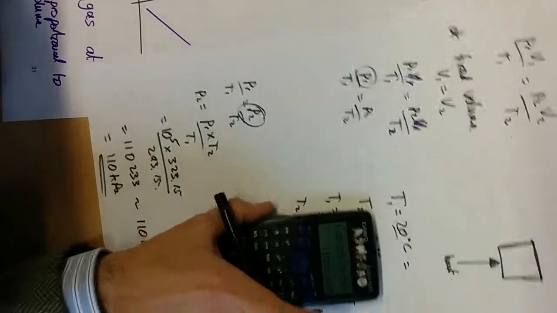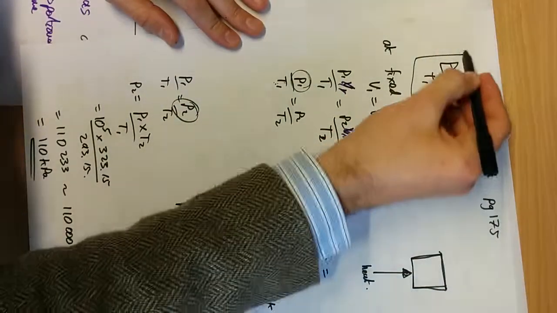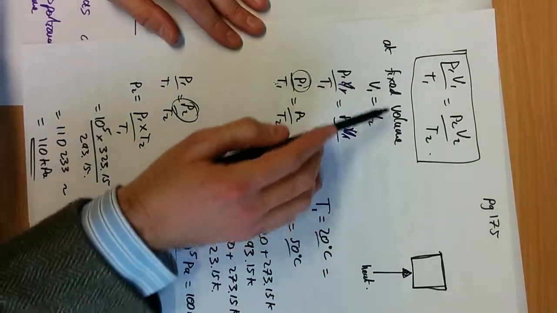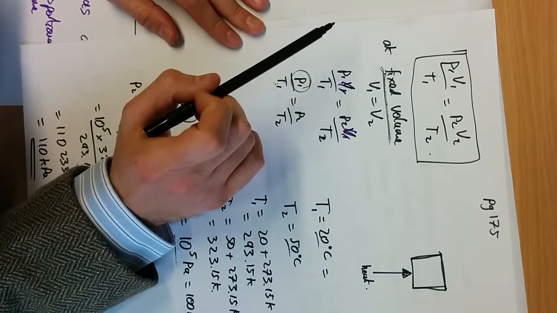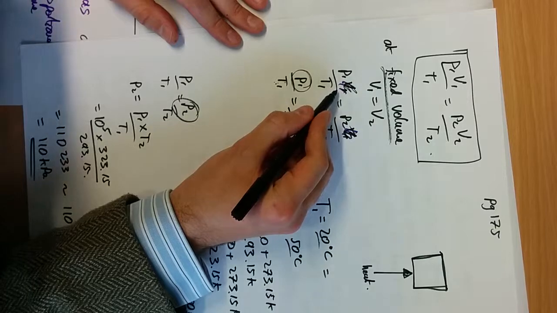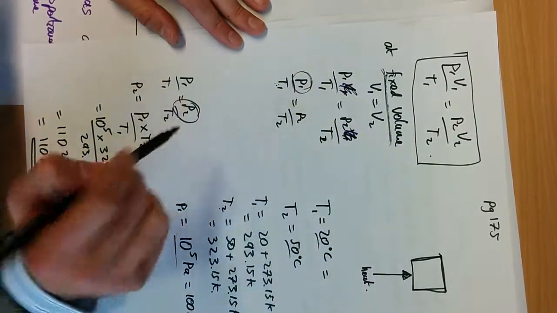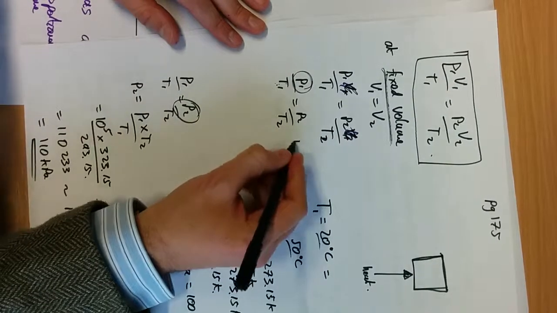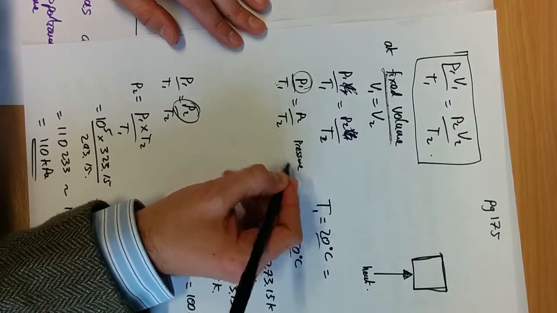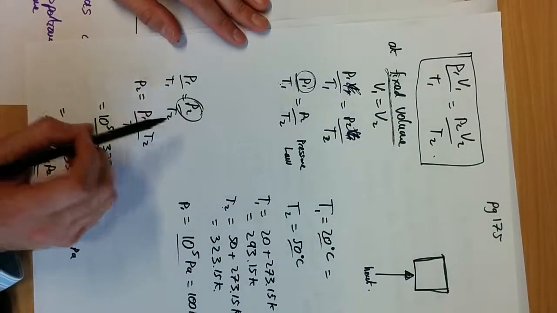So with these examples, you start off with the ideal gas law and you work out what is fixed, in this case a fixed volume. So we can just scrub out the volume, and then we end up with this gas law here, which was what I called the pressure law. Then you use the pressure law.